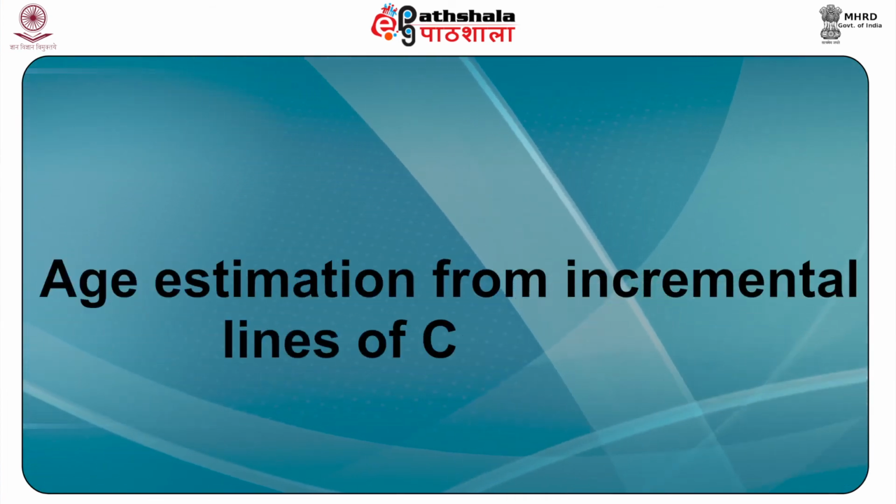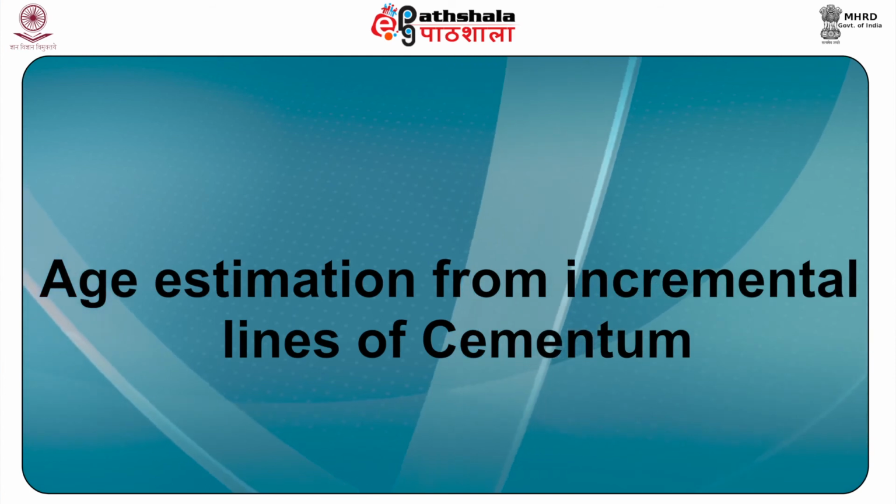Next is age estimation from incremental lines of cementum. Kagerer and group suggested that the age could be estimated from cellular cementum incremental lines. Authors claim an accuracy within 2 to 3 years of the actual age.